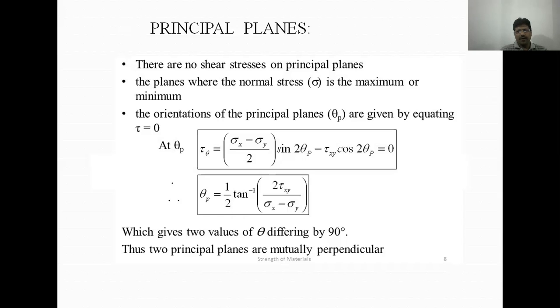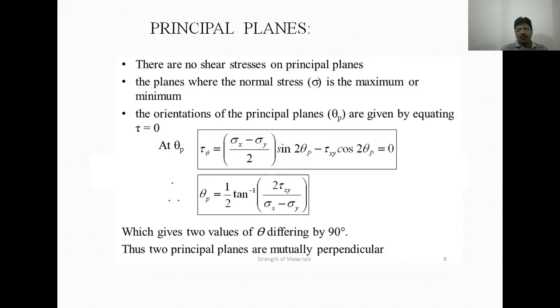So we know the formula of the shear stress, in the case of direct stresses and shear stress. It is (sigma x minus sigma y) by 2, where sigma x and sigma y are direct stresses, and theta p is the angle of the plane at which shear stress is 0. Substituting the value of shear stress as 0, we find theta p.